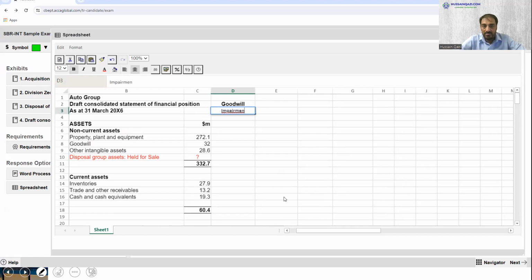So whatever we will work for the impairment, whatever we will identify as the impairment, if any, we have to allocate to the goodwill and other assets impairment.